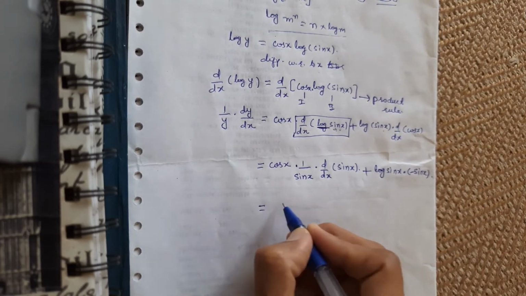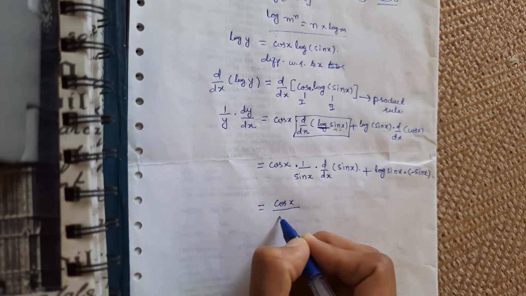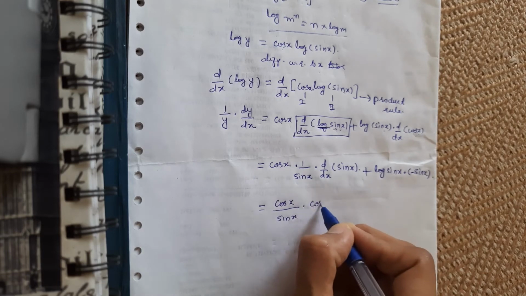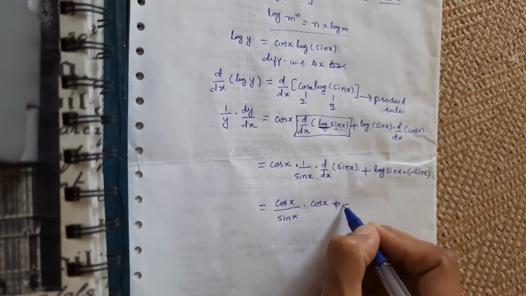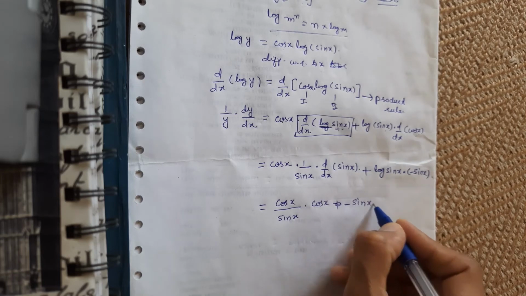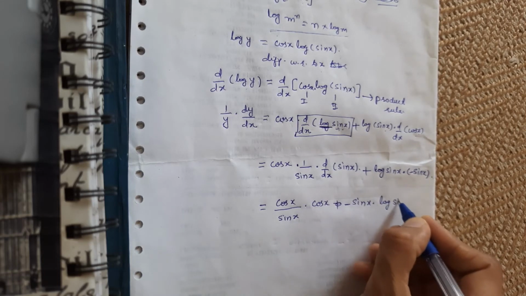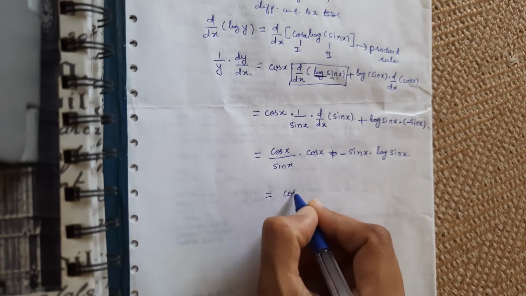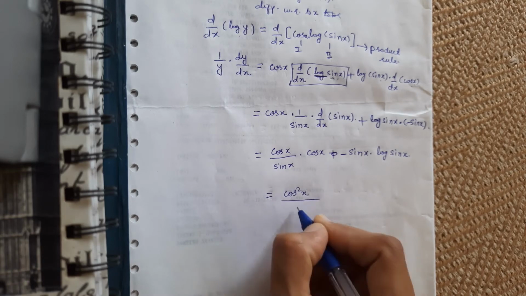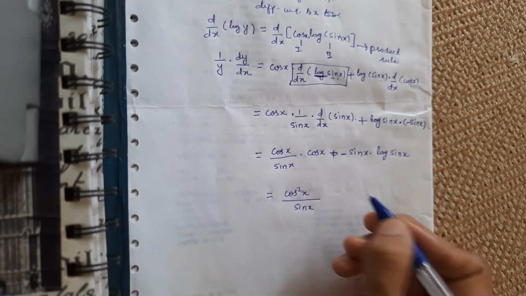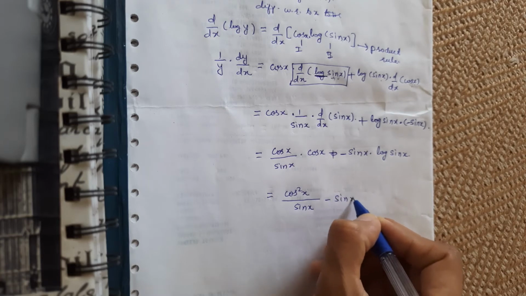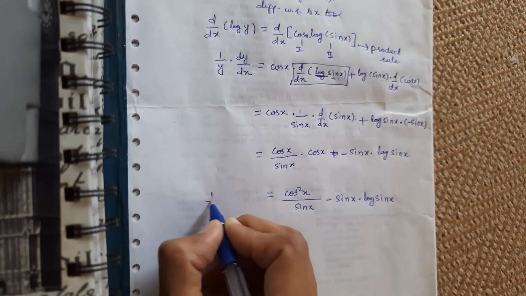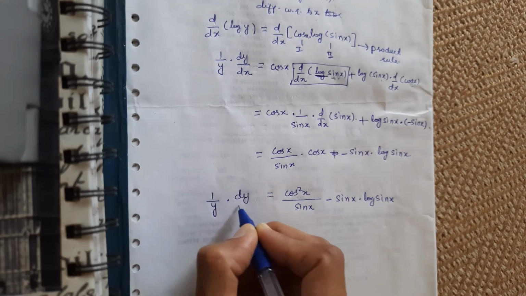Okay, so what will I get? Cos x upon sin x into the derivative of sin x, which is cos x, plus, sorry, minus sin x into log of sin x. So simply I get here cos square x upon sin x minus sin x into log of sin x, and on this side I have 1 upon y multiplied by dy by dx.